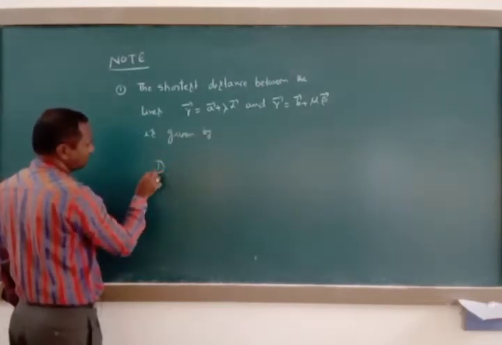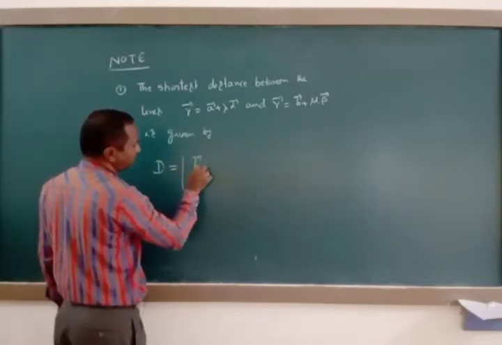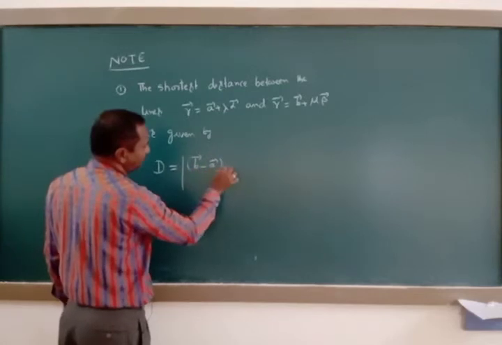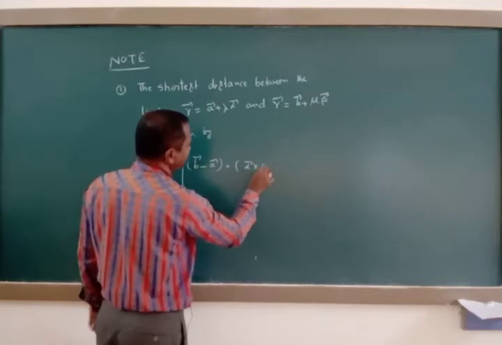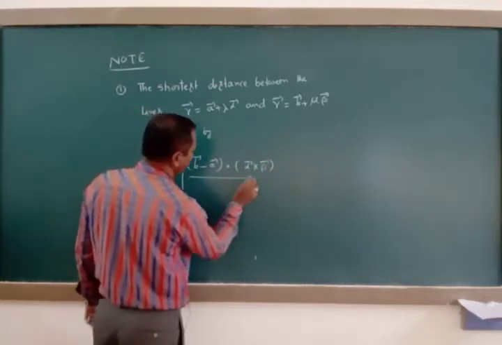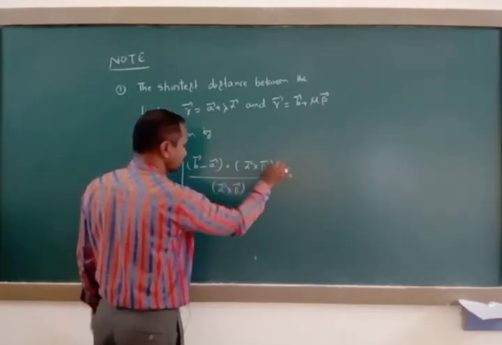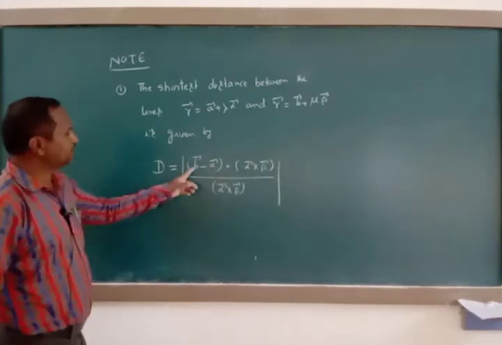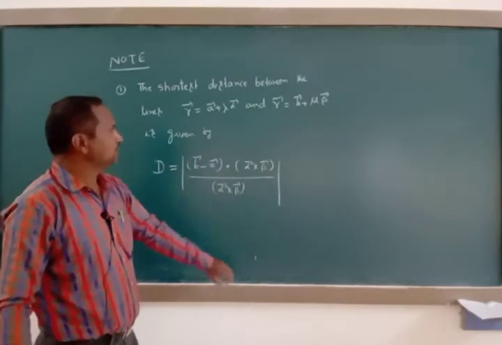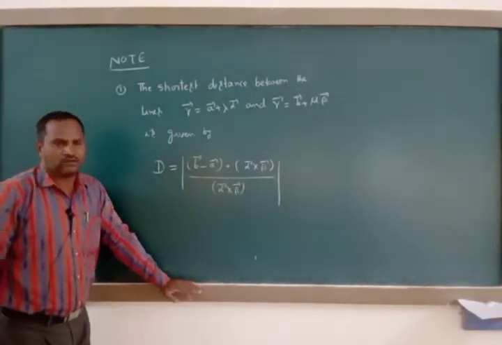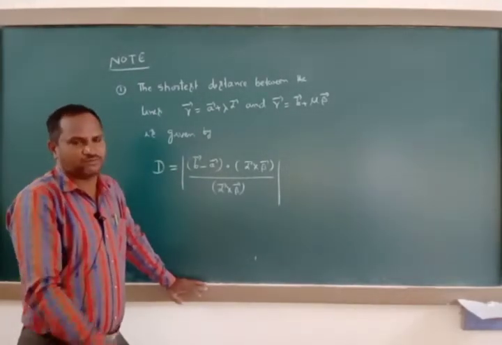D is equal to, capital D means shortest distance, is equal to modulus of B vector minus A vector dot alpha vector cross beta vector, whole dividing by magnitude of alpha vector cross beta vector. That is beta vector from the second line, small letter a vector from the first line. Here A vector and B vector are called position vectors of the points capital A and capital B. I have shown about those before this theorem.